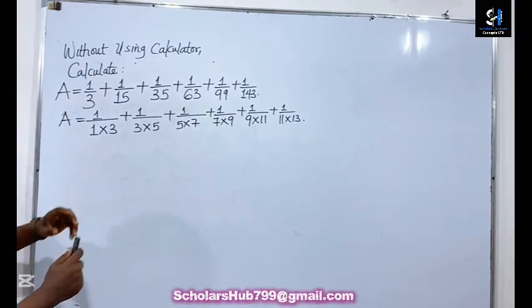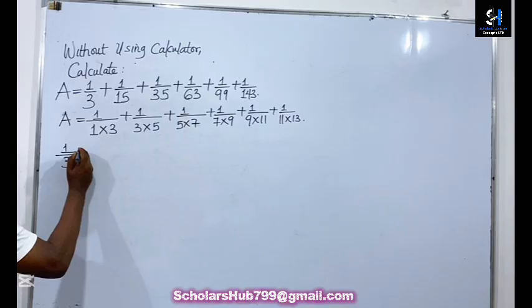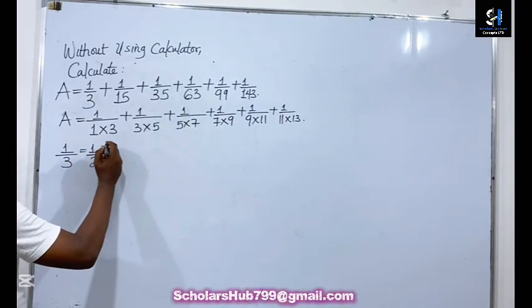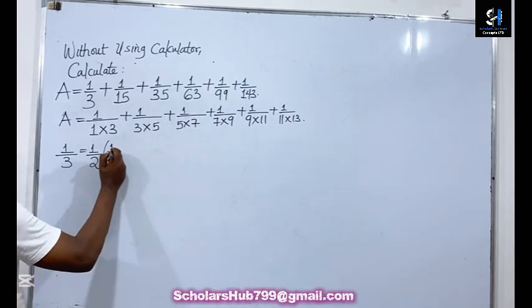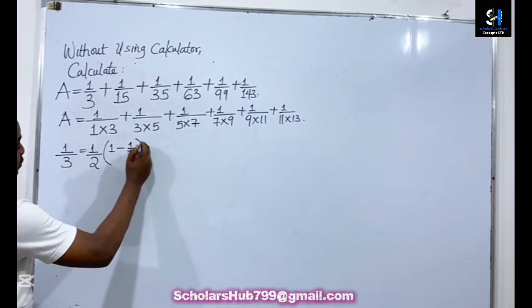We can express this as follows. Take for instance 1 over 3: it equals 1 over 2, parentheses, 1 minus 1 over 3.